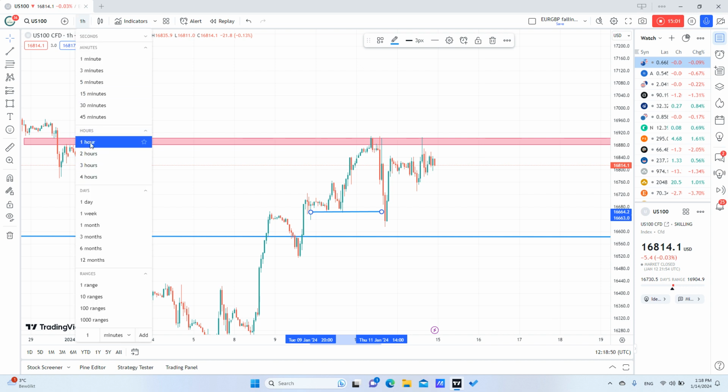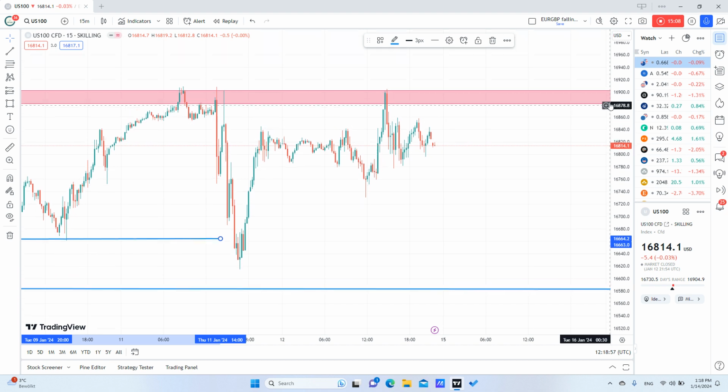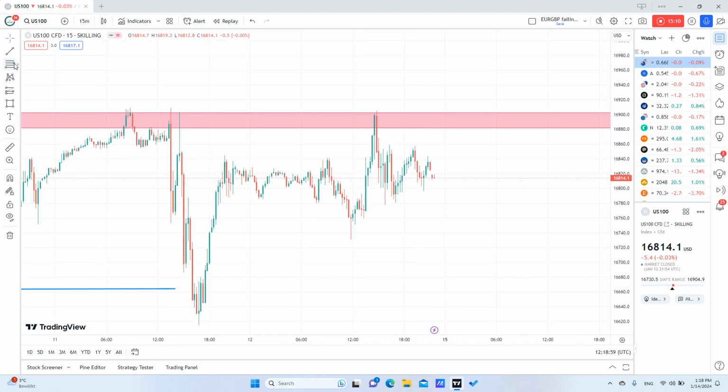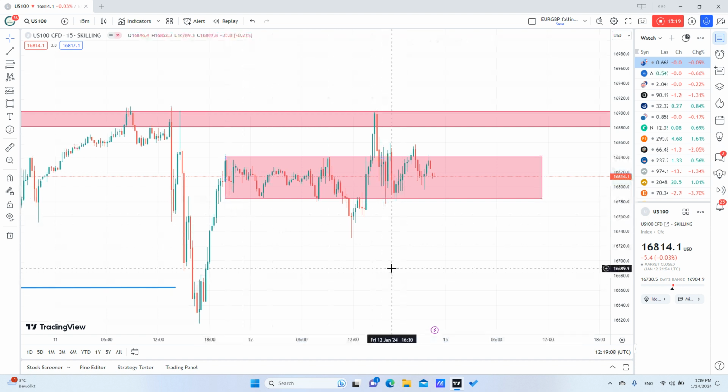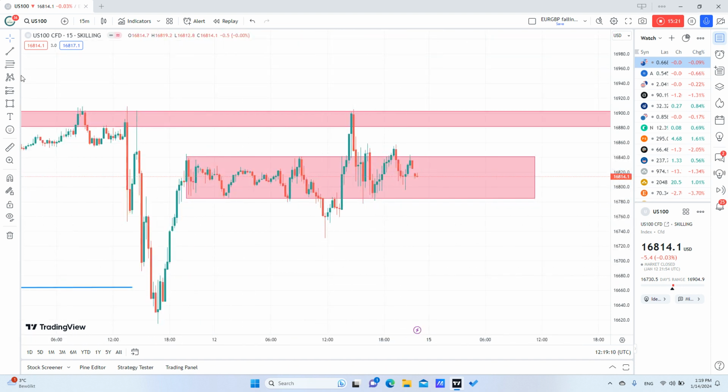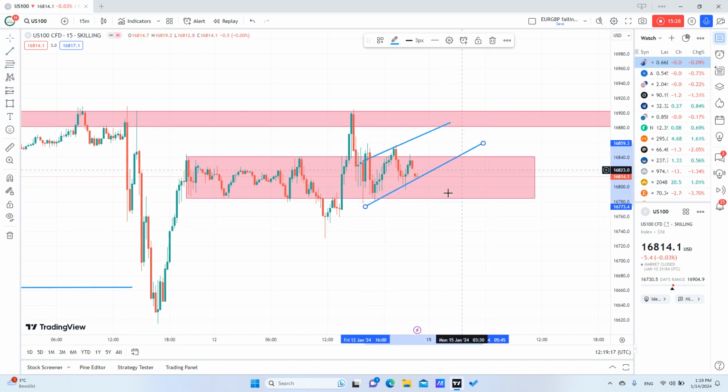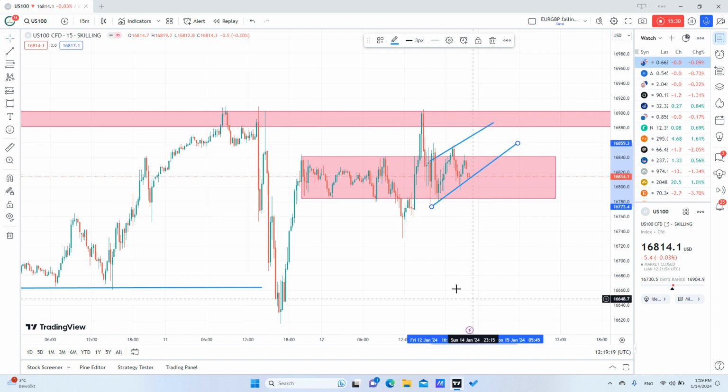You start from maybe weekly, then go daily, then 4 hours, then 1 hour, then maybe 15 minutes, and here you'll see something like this. For me, it looks like Wyckoff distribution. I expect price maybe to go a little bit here, and then start the down move.